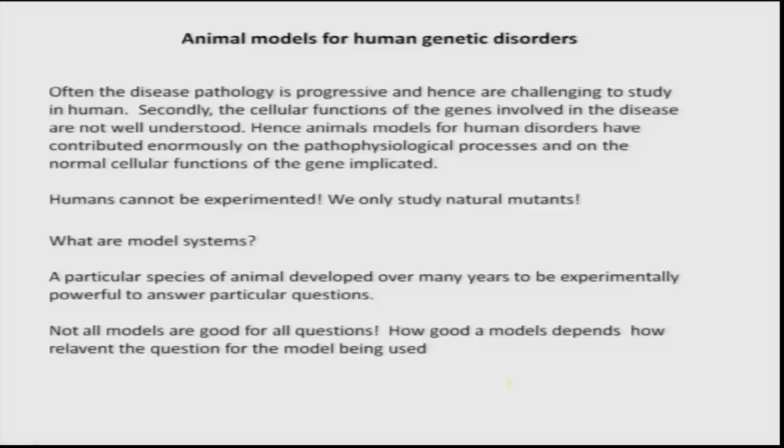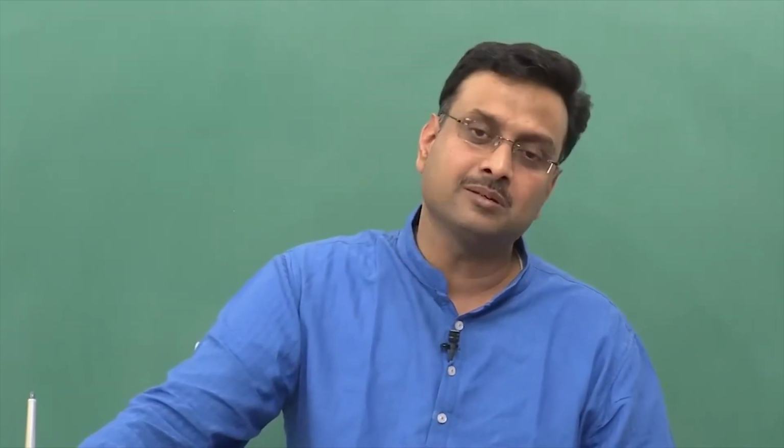So, what are model systems? When you talk about model animals, these are particular species of animals developed over many years, because you have to choose, characterize, and understand how you can maintain them in the lab. You cannot take a wild animal and study it, because like humans there is a lot of variation, and whatever effect you see at the end of an experiment in a given set of organisms is going to be very difficult to infer.